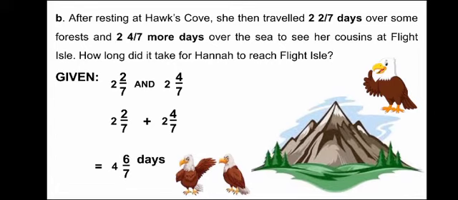Very good. So we have our final answer is 4 and 6/7 days for Hannah to reach Flight Isle. So it takes her 4 and 6/7 days to reach there. Now let's go to the next question or the next exercise.